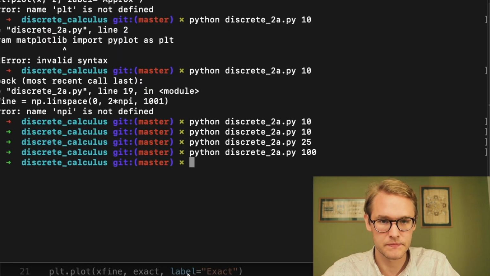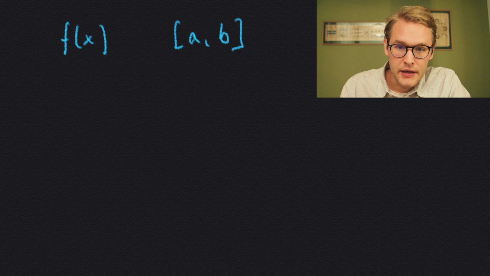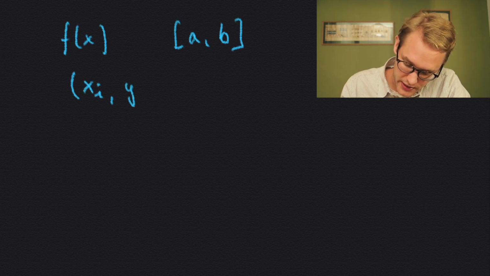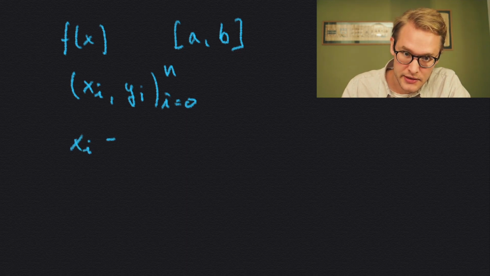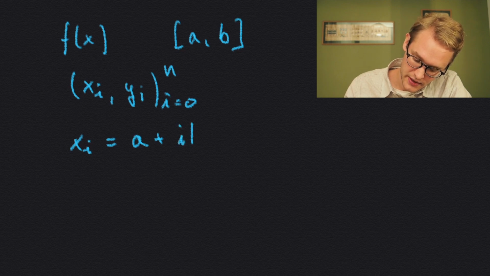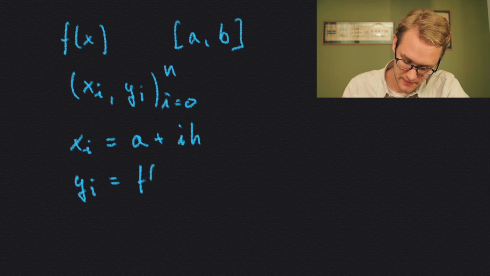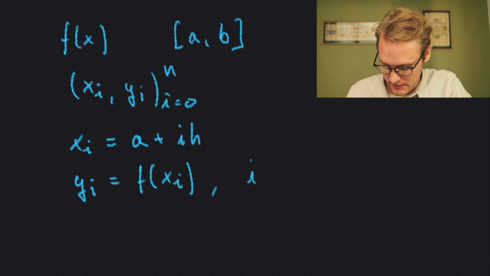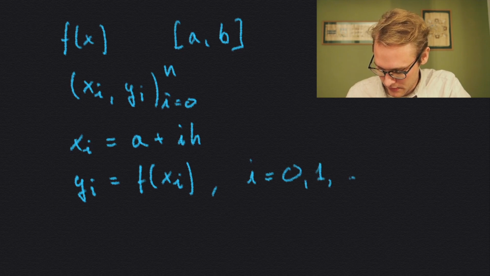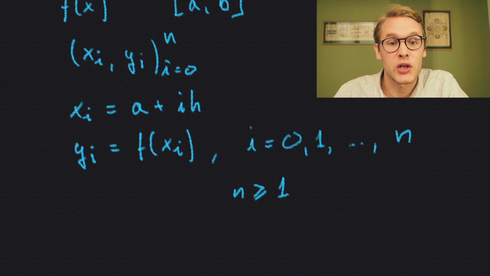So yeah, quite good. So, in summary, say we have a discrete version of some function f of x on the interval from a to b, and this would be given by some points xi, yi from i equals 0 all the way up to some n, where the xi's are a, the starting value, plus i times h, and the y's are the function values at these points, where i is 0, 1, all the way up to n, where n is some number equal to or larger than 1, hopefully a lot larger than 1.